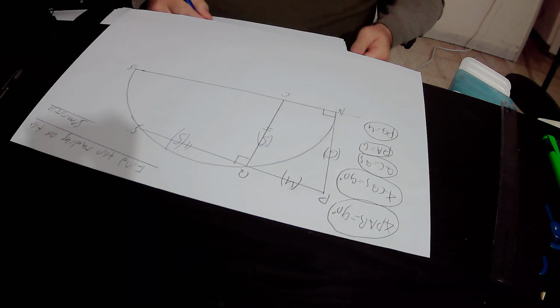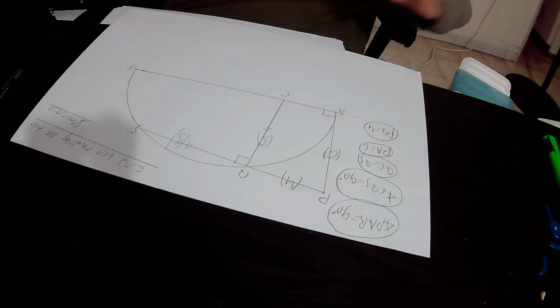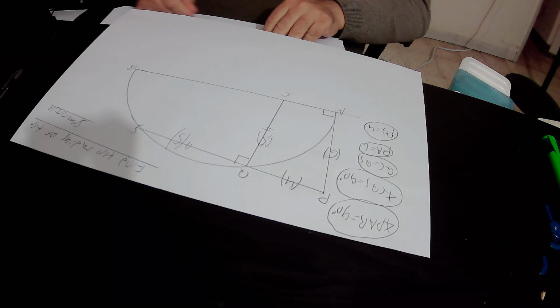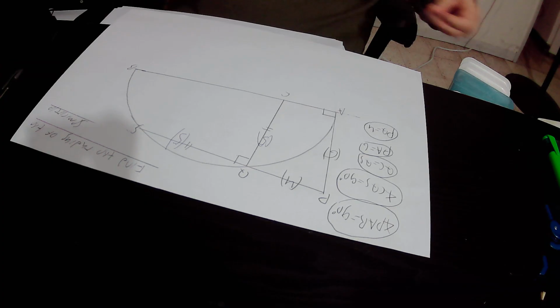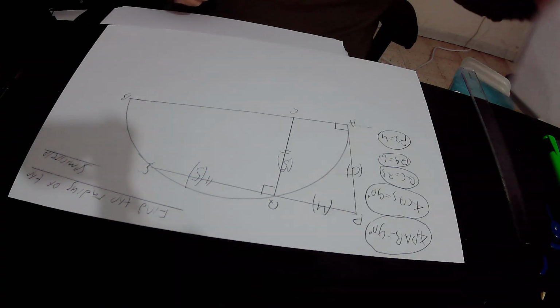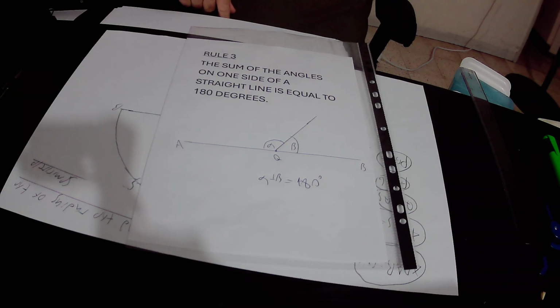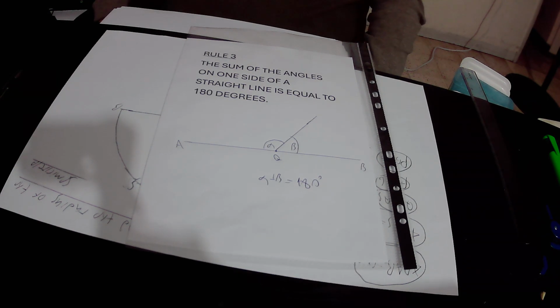In the next step, I will present to you rule number 3, and we will implement rule number 3 in our drawing. According to rule number 3, the sum of the angles on one side of a straight line is equal to 180 degrees.